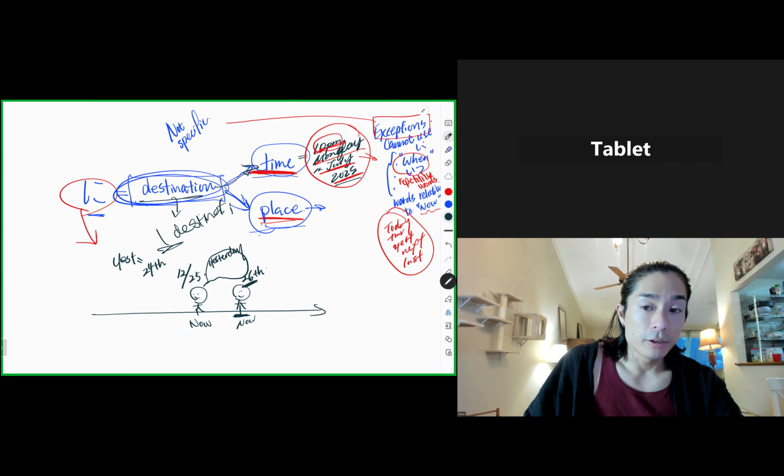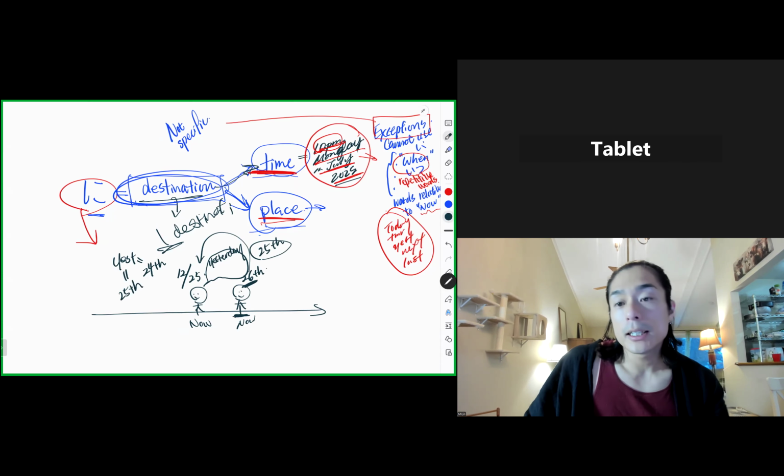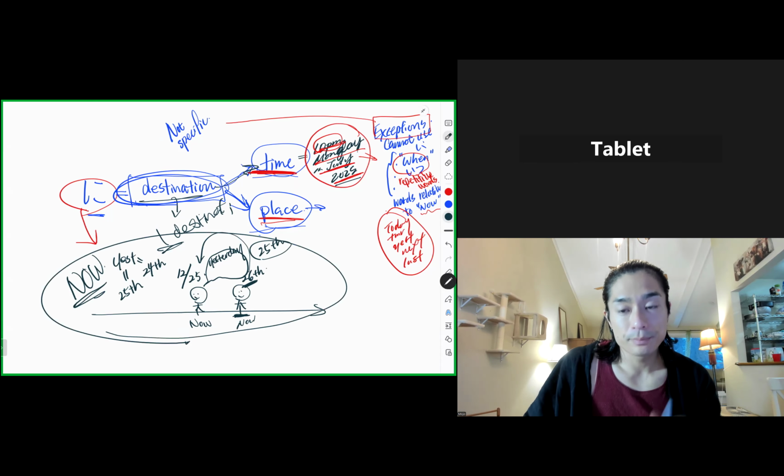Yesterday, for when you're on the 26th, would be the 25th, right? With that, yesterday could be the 24th or 25th or any day, depending on when now is, because all of these words are connected to now.